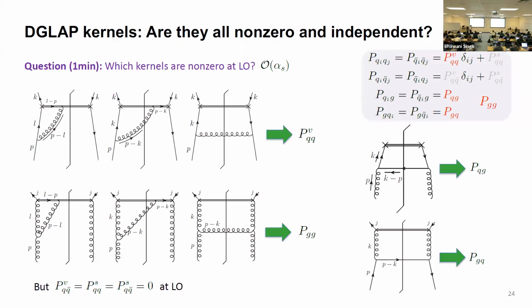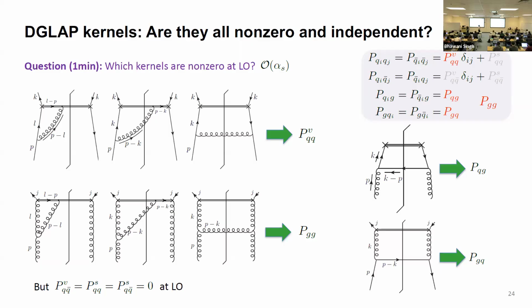Okay, so here is the result. At leading order, it's relatively simple. Although the diagrams may look complicated, they are actually not so complicated. It's just that I had a lot of lines labeling the momenta and a lot of gluon lines that make it look complicated. At the leading order, you should have 4 kernels. The first one is you have a quark split into a quark, and this gluon is integrated out.